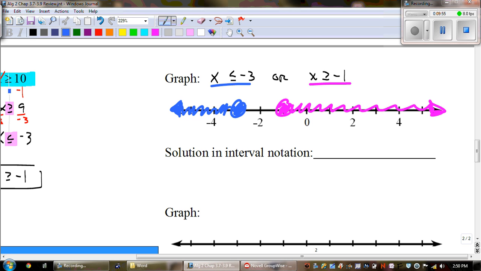Now, doing the interval notation, our graph starts at negative infinity, and goes to negative 3, where there's a bracket, we would say there's a union. And then our graph picks back up at negative 1 and goes to positive infinity.